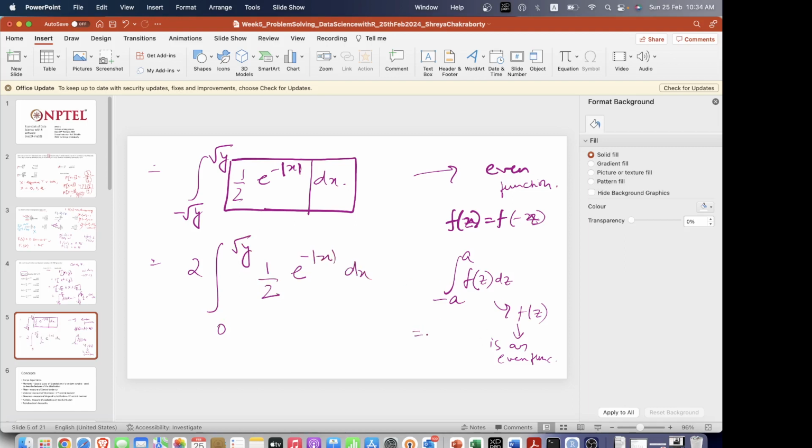Now since the value of x ranges from 0 to root y, we can write this as the integral from 0 to root y of half e to the power minus x. The modulus sign then becomes redundant.